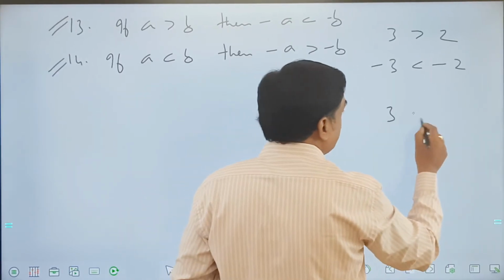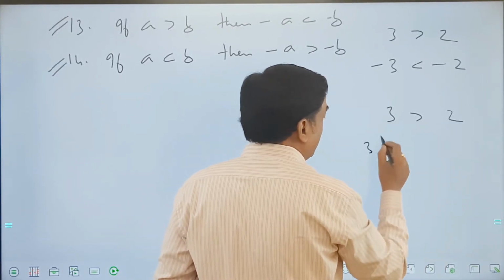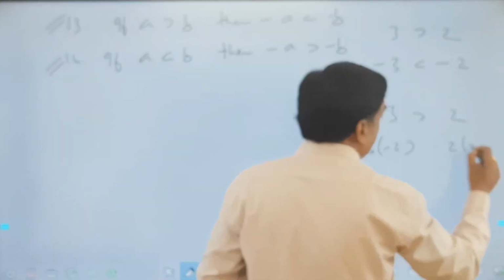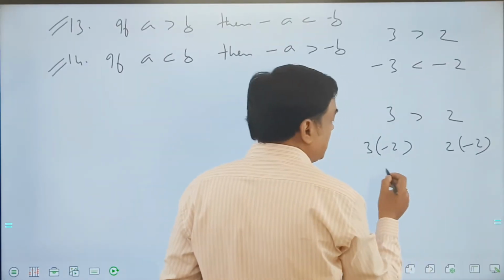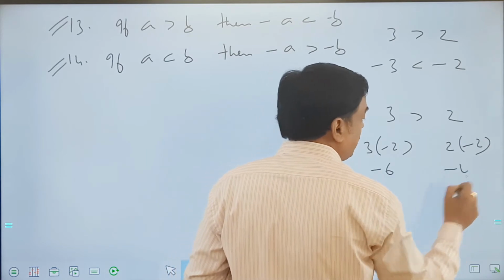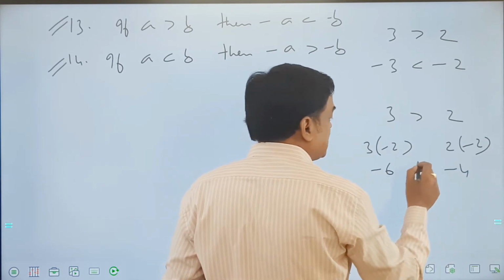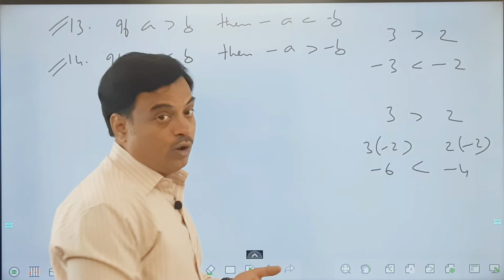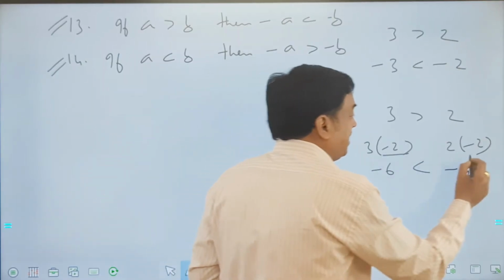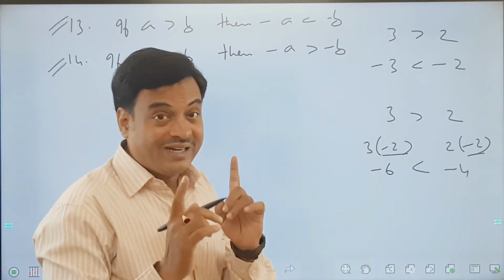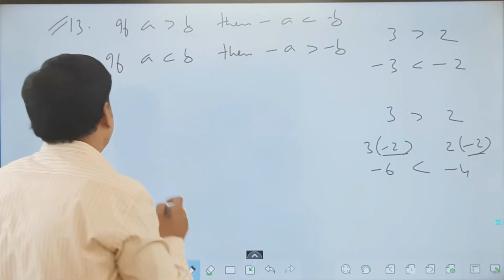Same thing, 3 is greater than 2, by multiplying by minus 2, 3 into minus 2 is minus 6 and 2 into minus 2 is minus 4. So minus 6 is less than minus 4. We all know that, right? So by multiplying negative values, the inequality will definitely change. That is the important point here.